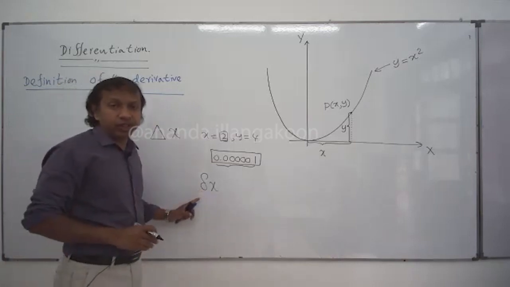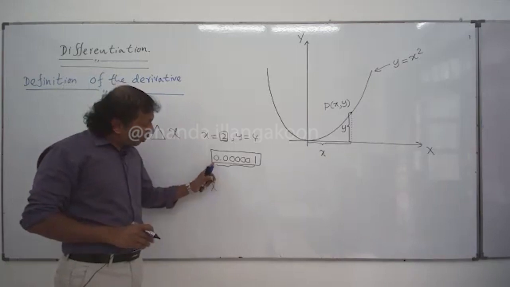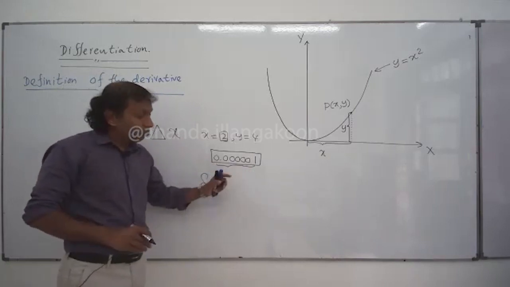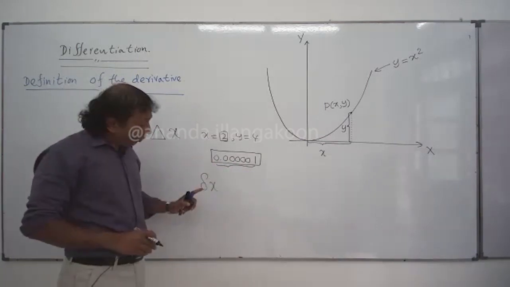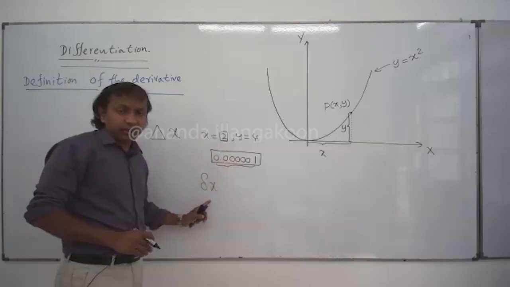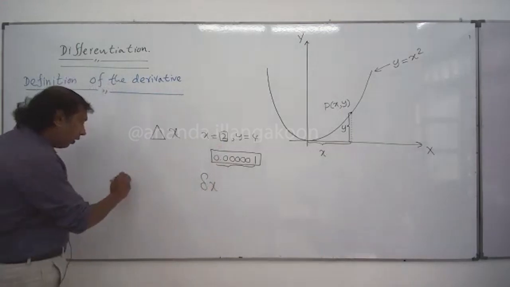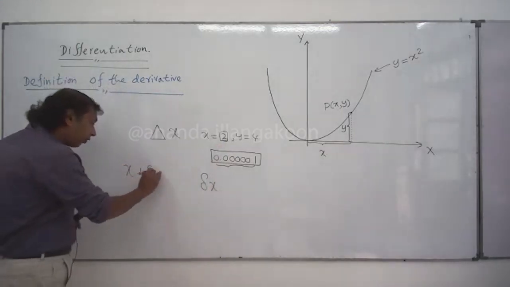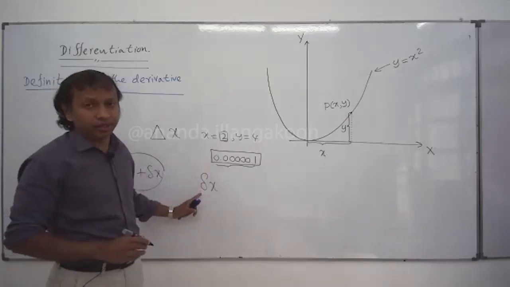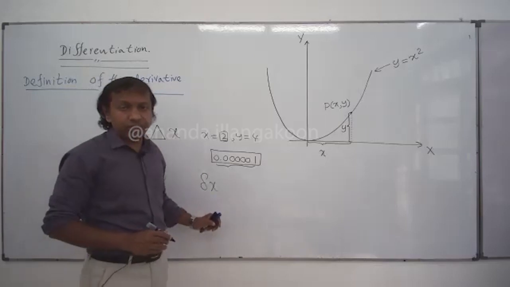So now, when we increase the present x by this delta x, our new x value is going to be x plus delta x. Therefore, the increment of x is delta x.